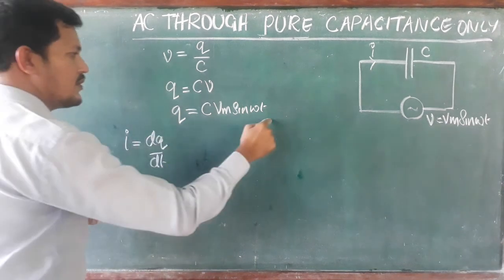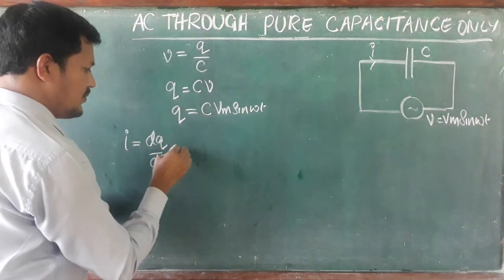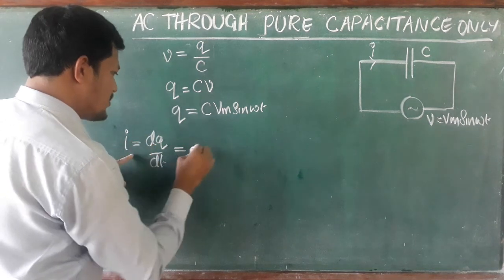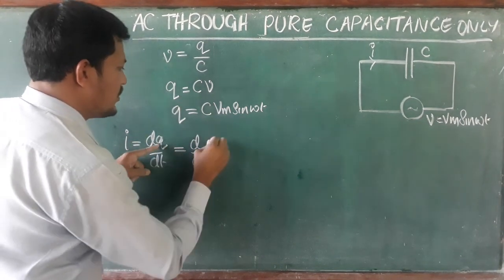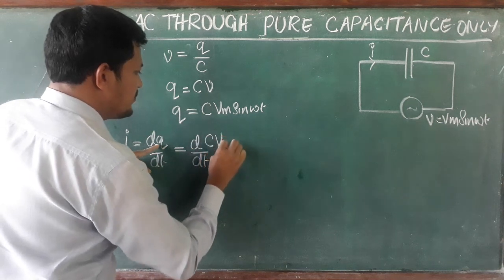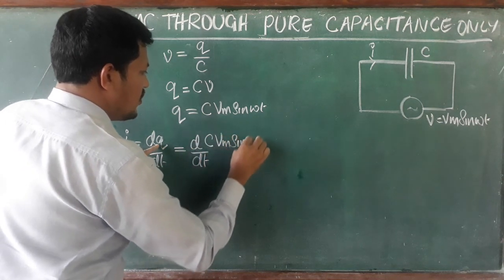We know the expression for Q, so we apply that value here: d by dt of Q, where Q equals C Vm sin omega t.